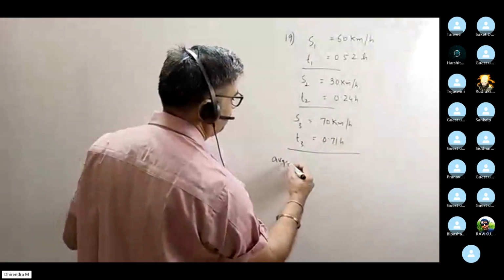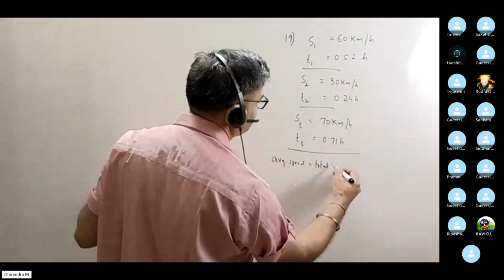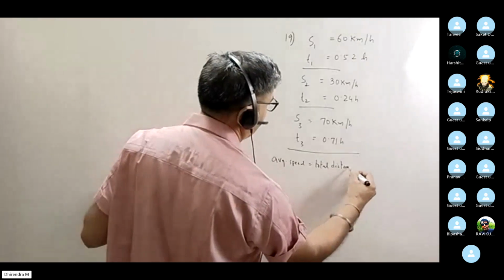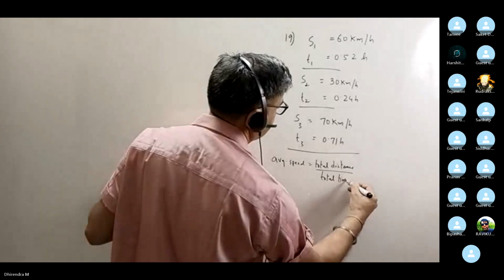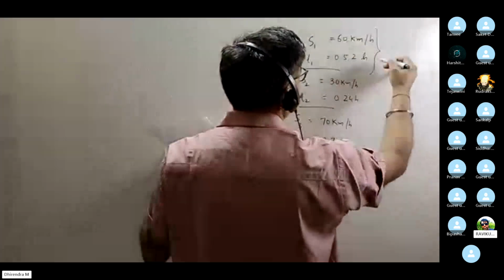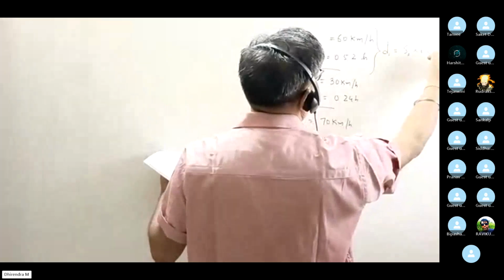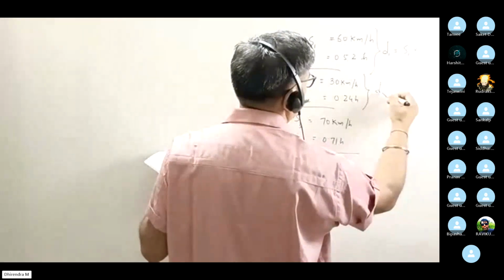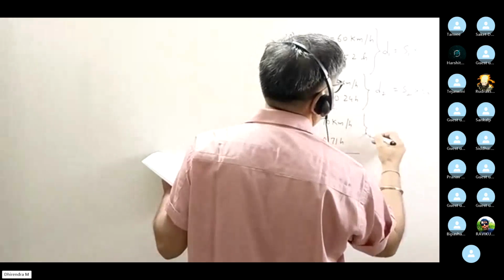So what do we have to do, folks? We know average speed is equal to total distance by total time. We should add all the distances and all the times. What is the distance? Here D1 will be S1 into T1. I'm not solving this question, folks, I'm just telling you how we solve.